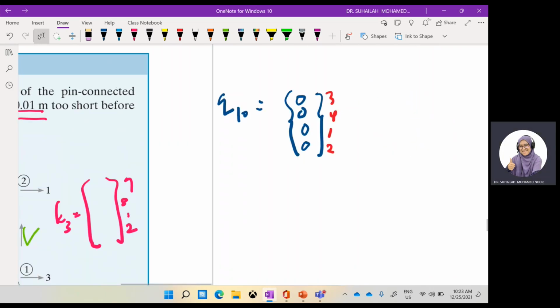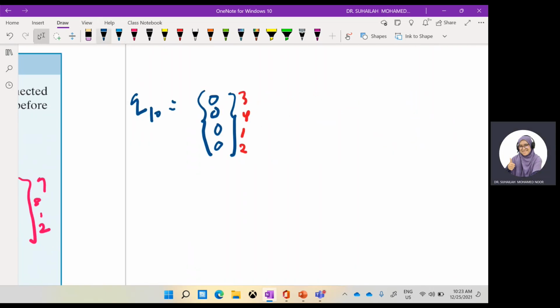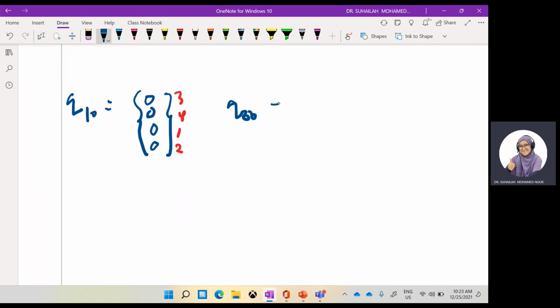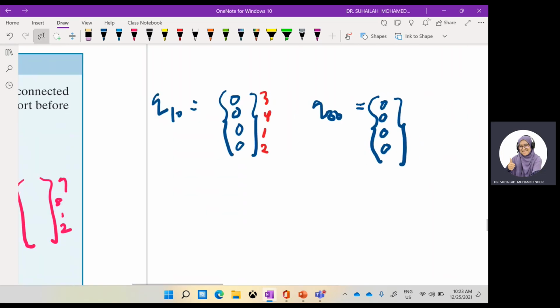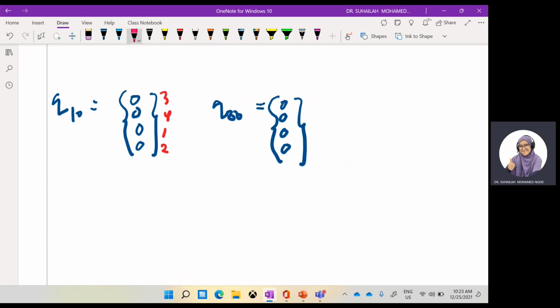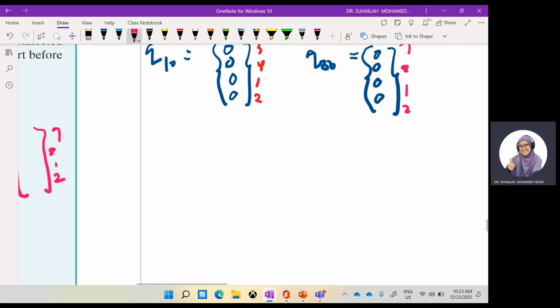The same goes for Q3 naught, the equivalent element nodal forces. The values are 0, with label 7812.